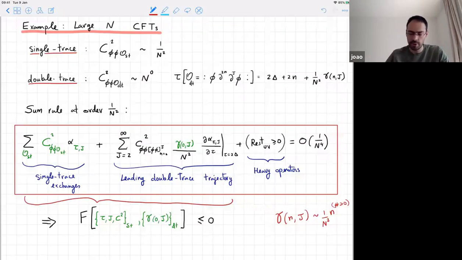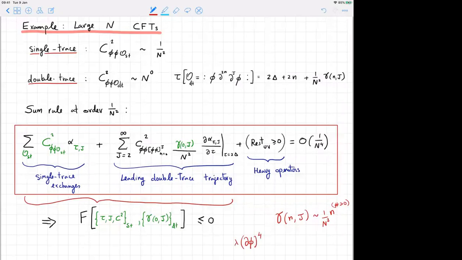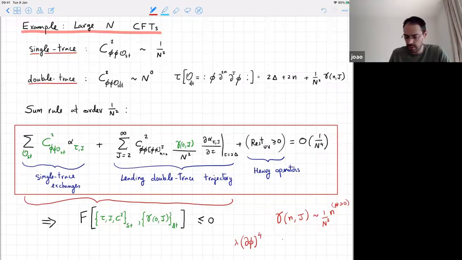But for example, for the case where you have this interaction, del phi to the 4th, then the only thing that you exchange is spin 0 and spin 2. And if you apply this functional, you also get something negative, which comes from the leading gamma 0, 2, which is negative for the right sign of lambda.